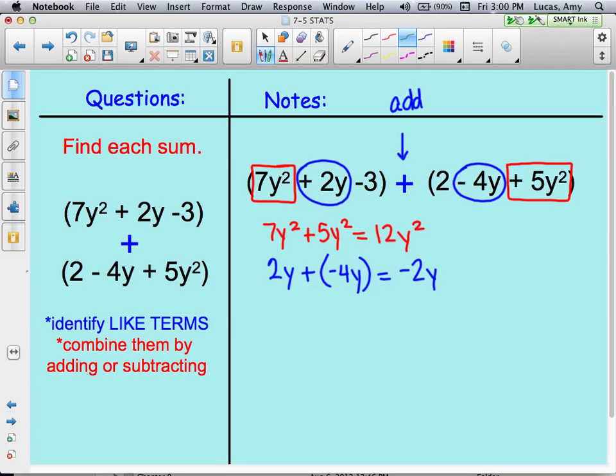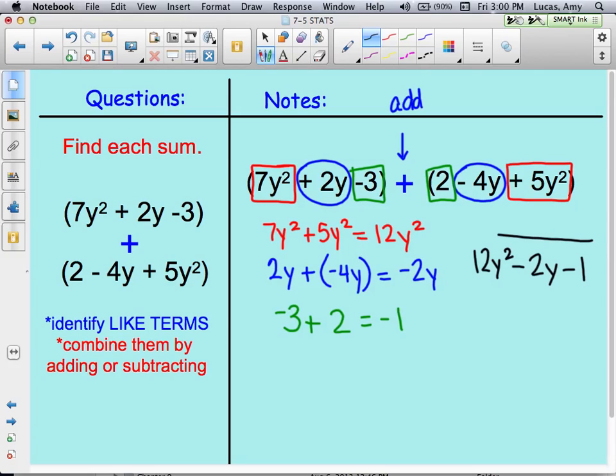And then last but not least, negative 3 plus 2 is negative 1. So if I put this all together, my answer is 12y squared minus 2y minus 1. So I added together two trinomials, and my answer happened to still be a trinomial.